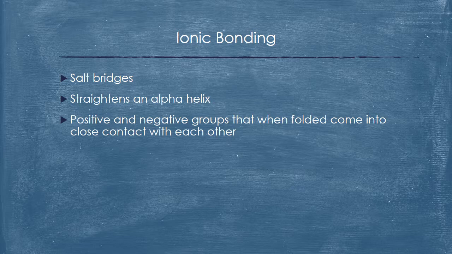And you all know the saying, how positive and negative attract, whereas positive and positive repel, and the same thing with negative and negative. And these have the effect on tertiary structure, which is what we take into consideration when determining the tertiary structure of that protein.